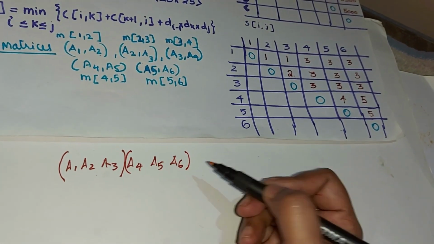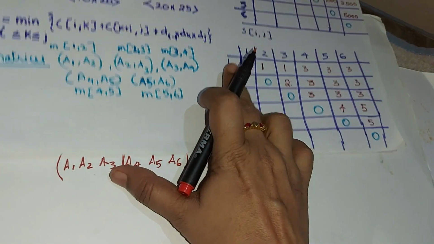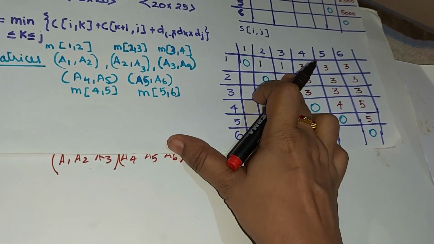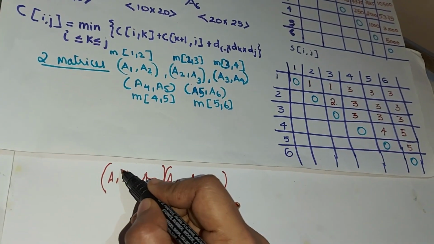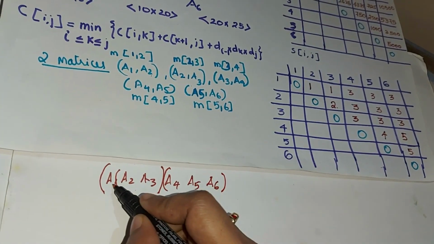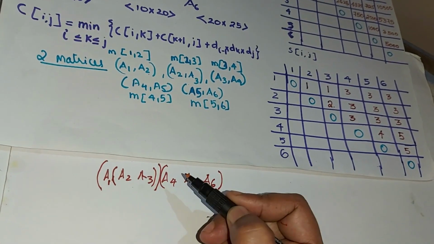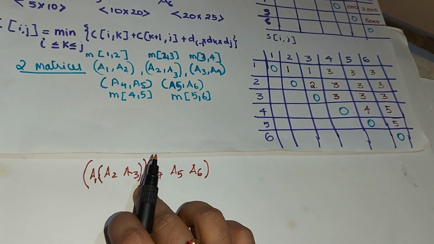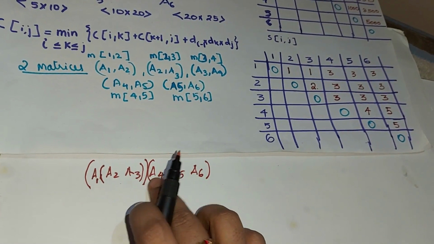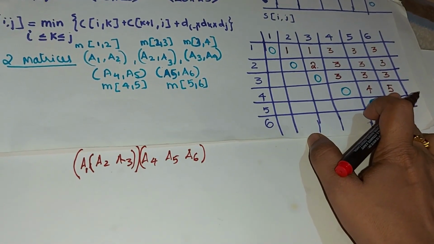Then A1 to A3, that is 1 to 3, the split has occurred from the first matrix. So you have to start splitting from A1, then A2 to A3 will be together. Now A4 to A6, the splitting is happening from the fifth matrix.